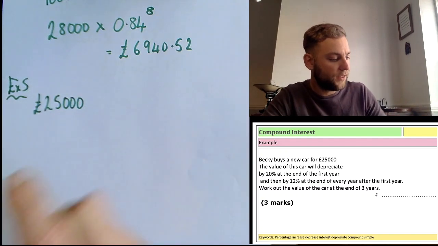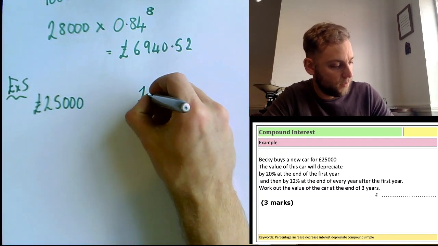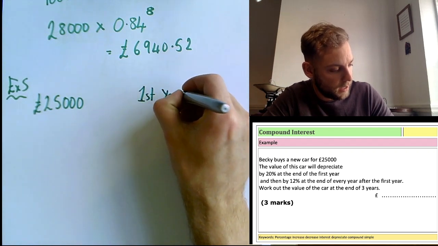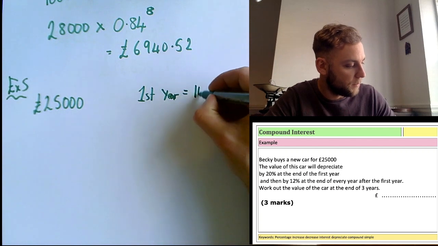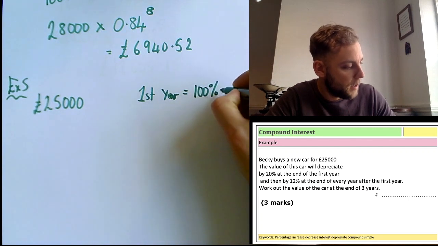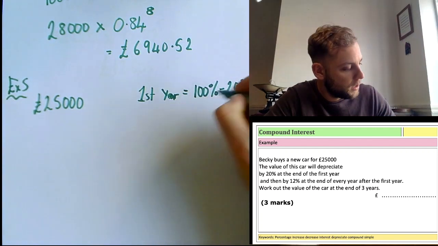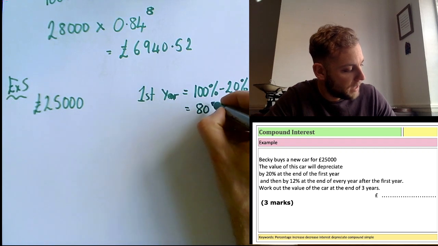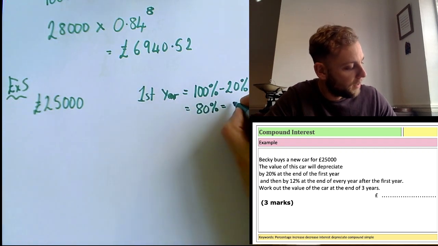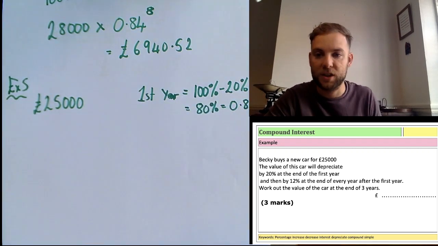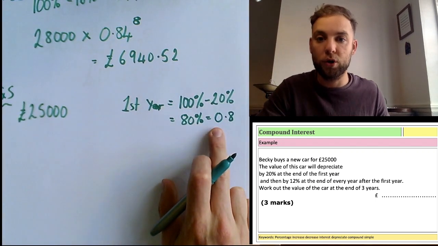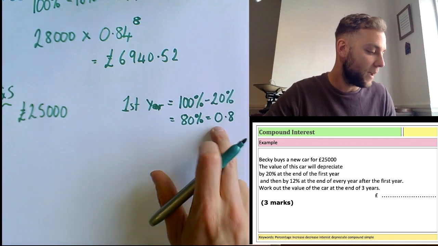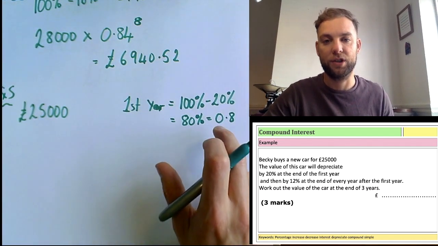So let's think about the first year here. Let's do it over here. My first year is equal to, well, it's depreciating by 20%, so 100% minus 20%, which is equal to 80%. And as a multiplier, that's equal to 0.8. So that's what I need to multiply by to get a reduction of 20% after my first year.